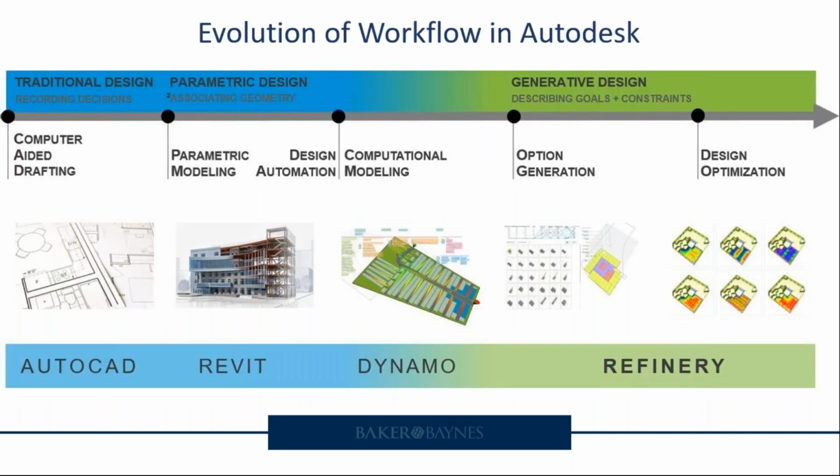So if we look at the history of how we design and the tools that we use, you'll see this is the timeline of the evolution of the Autodesk tools and the impact on the way that we design, or maybe vice versa. But traditionally, we rely heavily on CAD, which is computer-aided design or drafting.